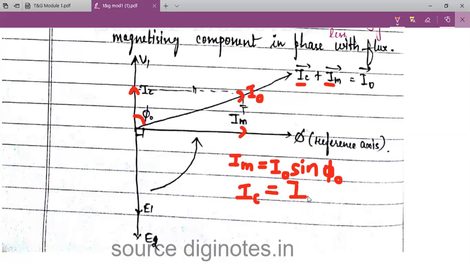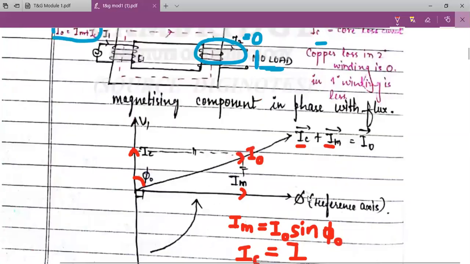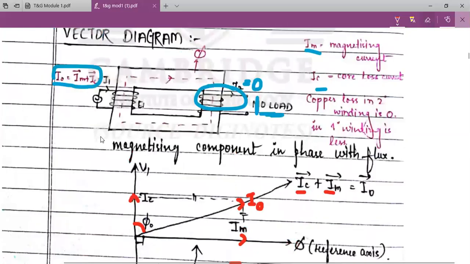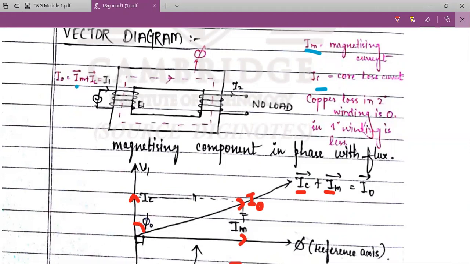With the help of this, I can write the input power now. I2 is zero, so on the secondary side there is no power. If the load is not connected on the secondary side, only core losses are produced, as you studied in the open circuit and short circuit test. While doing the open circuit test, the secondary side is open, we apply the rated voltage and note down V1, I1 and W1.